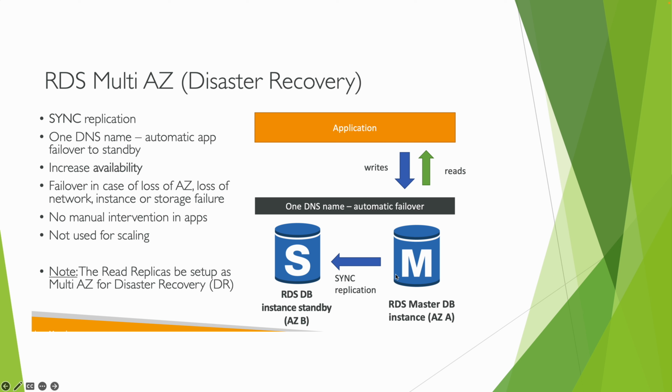The replication between master and standby will be synchronous. The replication between master and the read replicas will be asynchronous, so there will be some delay in getting data from master to read replicas.